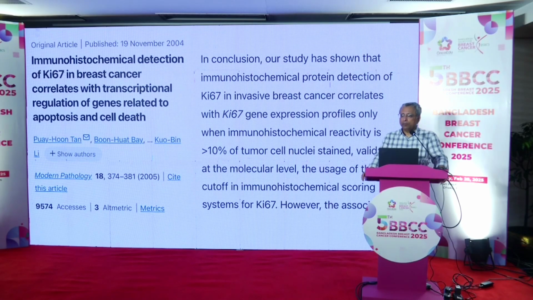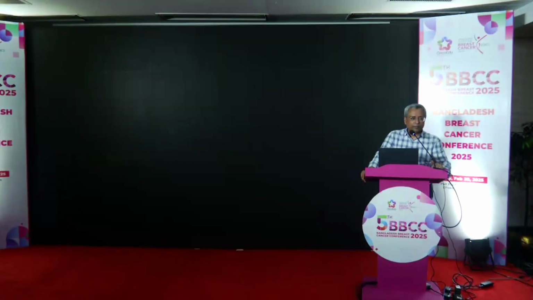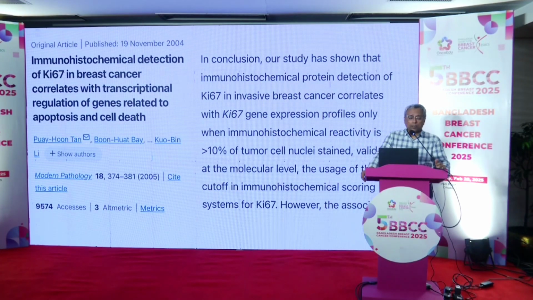The other biomarker that is done, but not so frequently, is MIB1 or Ki67. And this was a very old study done in Singapore almost 20 years ago, where they looked at the expression of Ki67 compared to some of the genes. So protein expression and the gene expression.